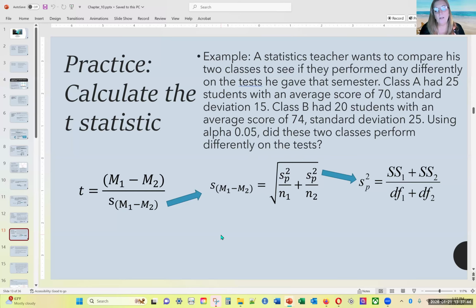Class A had 25 students with an average score of 70 and a standard deviation of 15. Class B had 20 students, so a different number of students, with an average score of 74, a standard deviation of 25. All right, so using an alpha of 0.05, did these two classes perform differently on those tests?